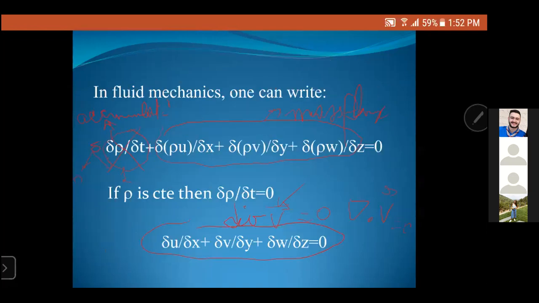Okay, and then I can find d rho over dt plus du over dx plus dv over dy plus dw over dz equal to 0. The rho term disappears from the equation; the accumulation remains, plus divergence v equals 0. Okay, do you understand? Okay.